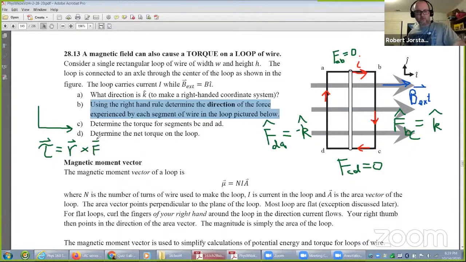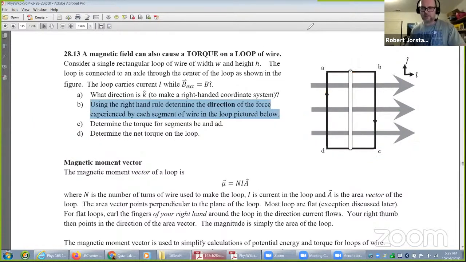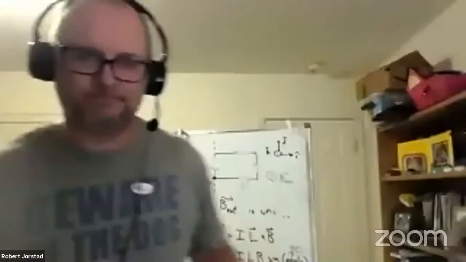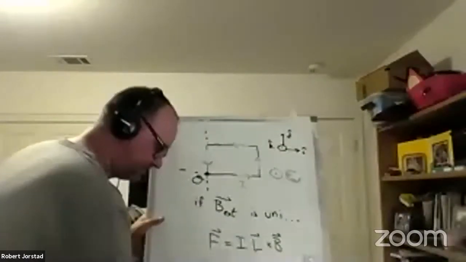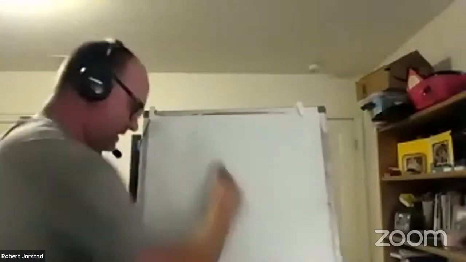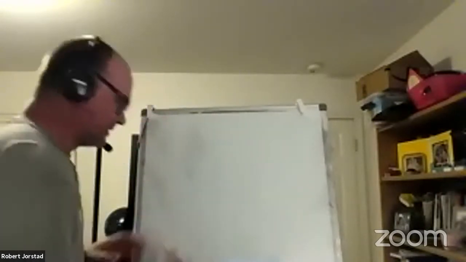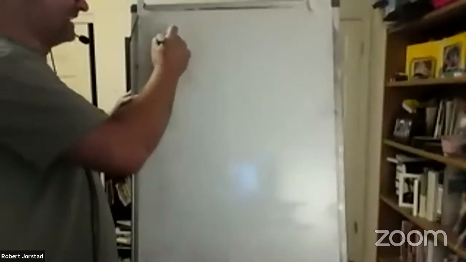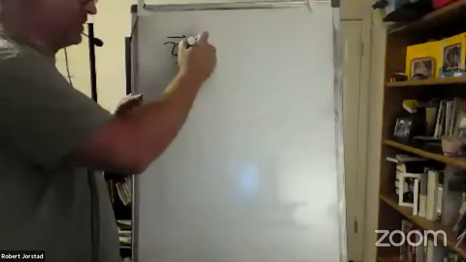Now I need to go to the whiteboard here because this is going to take forever if I do it that way. Somebody just told me torque equals R cross F. Now notice this is tau, not tau from the last chapter. Don't you love physics? This is no longer a time constant. This is a torque.